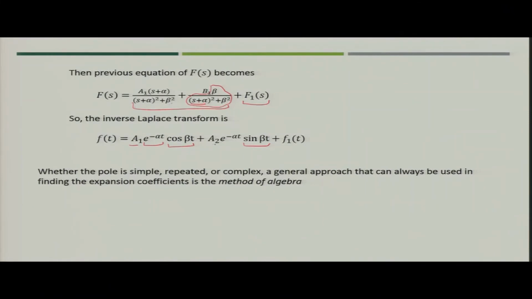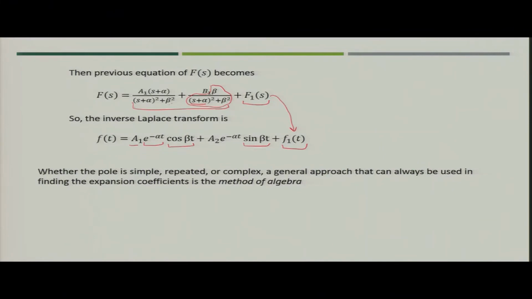So, you will write a2 e to the power minus alpha t sin beta t plus some function f1(t), which is the inverse Laplace transform of F1(s). So, when you have complex poles, you can rearrange the expressions in a particular fashion, and then you can easily find the inverse Laplace transform.